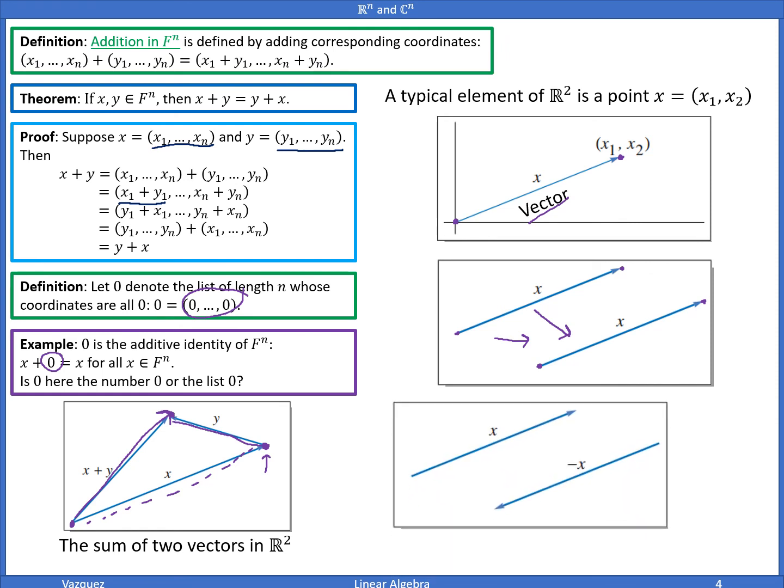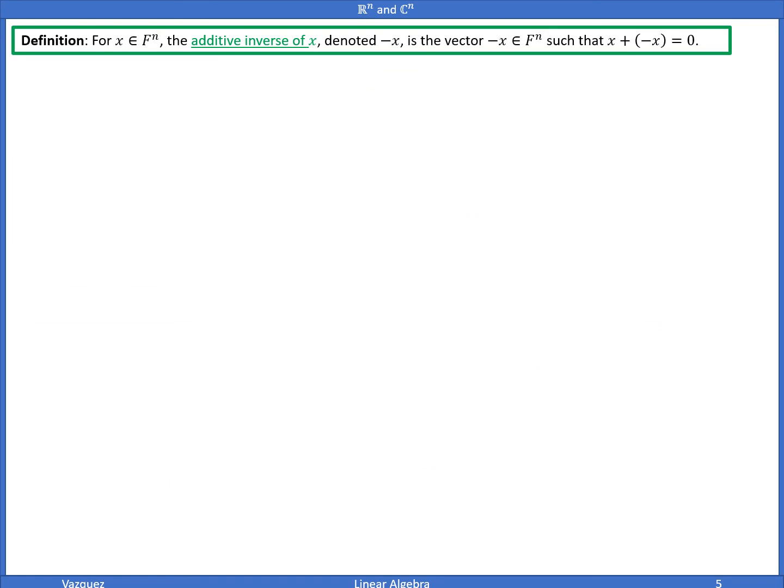Last but not least, I have a question. What do you think is the relationship between these two vectors, x and this one that looks like negative x? Well, they are the additive inverse of each other.